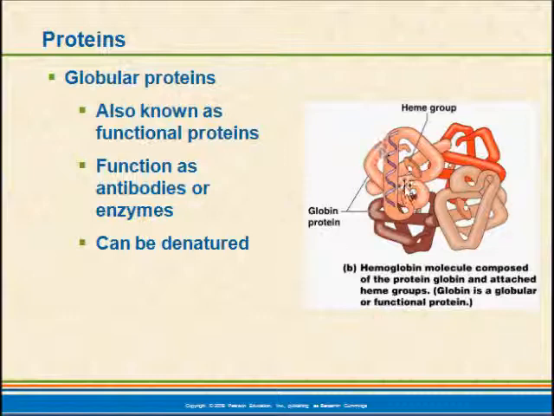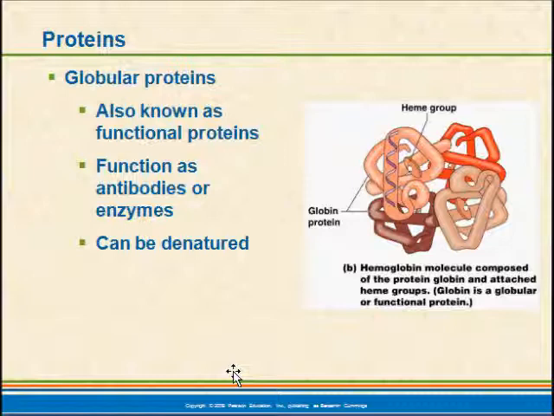Proteins are able to do certain things based on the shape that they have. If anybody has ever had braces, orthodontics, well, that wire was bent to a certain shape to move the teeth right into the exact position. And if it hadn't had that shape, it would not have done the job properly.